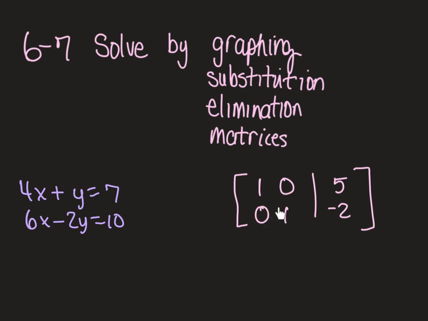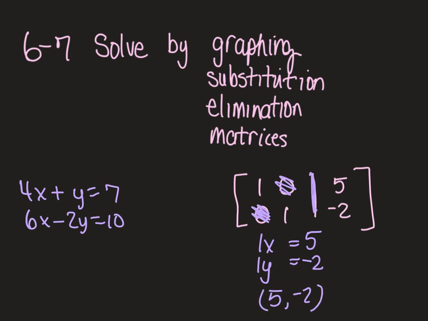When it looks like this, it's like saying 1x, I don't have any y's, the line is my equal sign, 5: x equals 5. This one is like no x's, just a y: 1y equals -2. (5, -2) in parentheses is my location where the two lines cross.